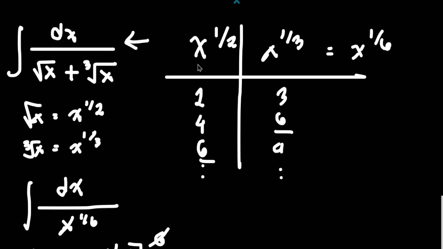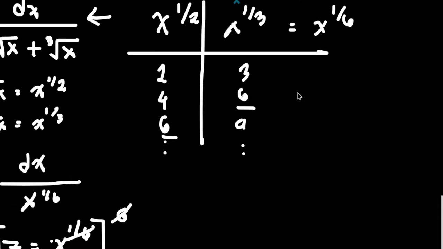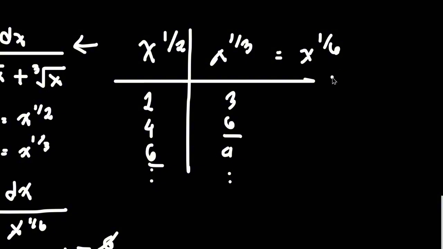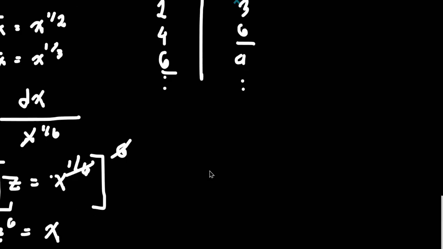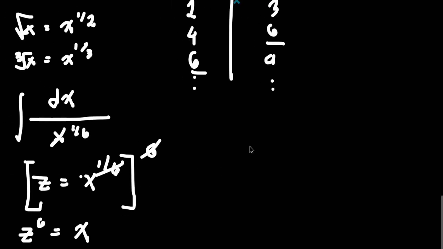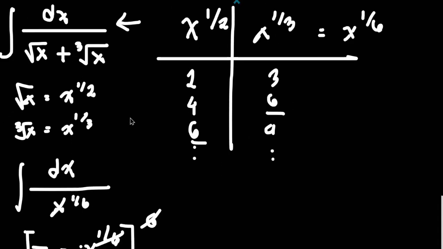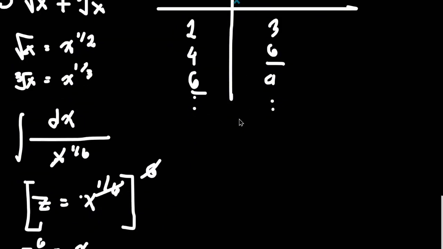And that is why we get the LCD, and to get the LCD, we have to have x raised to 1 over 6. And we are going to use that to find its value.